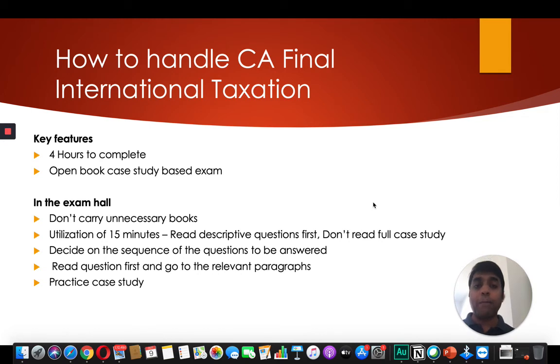You need a practical understanding of the entire concepts of international taxation, not only from an independent chapter perspective, but a holistic understanding of the concept. So practice is important. Whichever book or content material you follow, you need good practice, and that's how you can follow the approach in the examination.